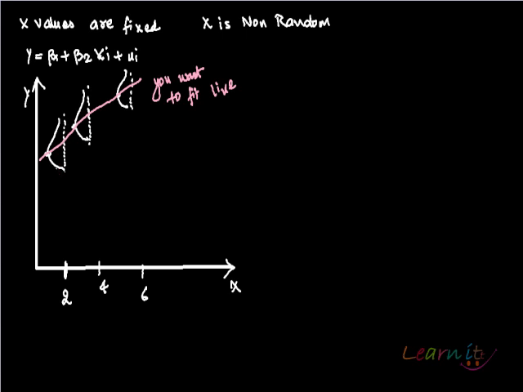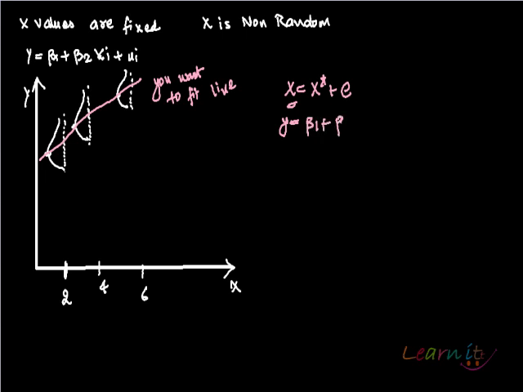X could even be assumed to be random, in case you write x is equal to, say, x star plus e. What you have actually done is that in your model you have run the regression with x and not with x star.